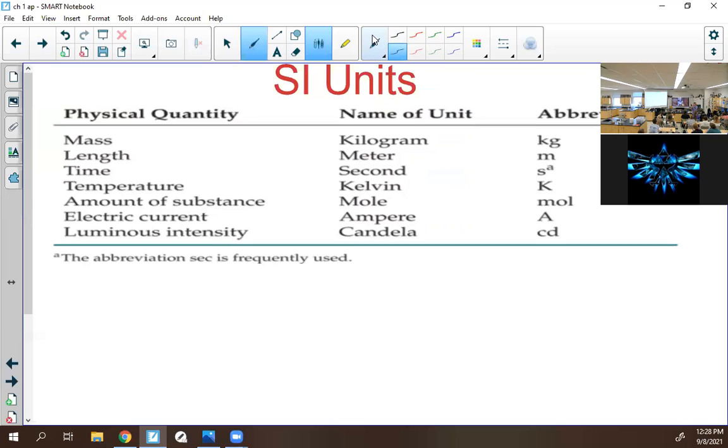Now, they're not the same temperature, but it's the same amount of change between each temperature. So the change is the same. They're just not exactly the same. To go between Celsius and Kelvin, you take the Celsius number and you add 273.